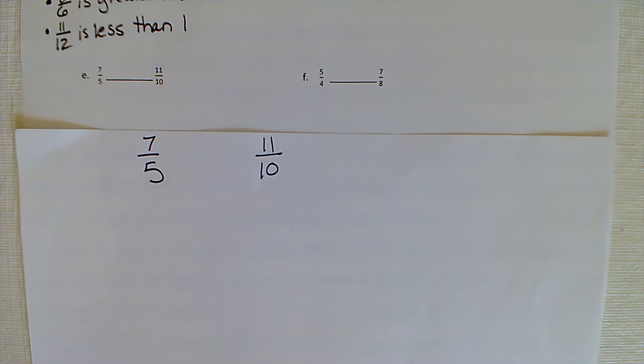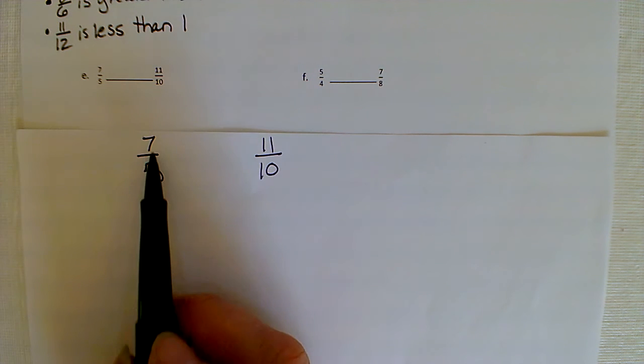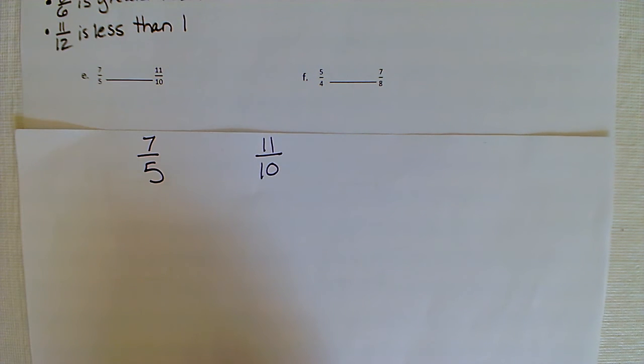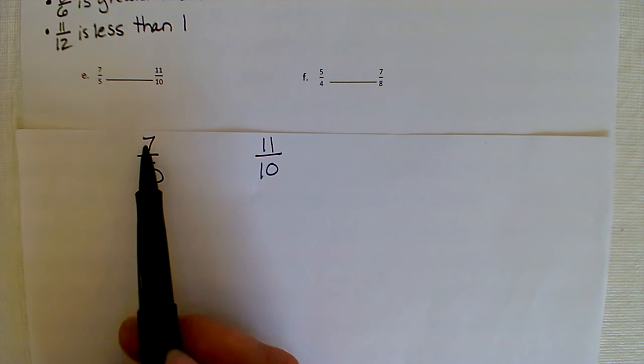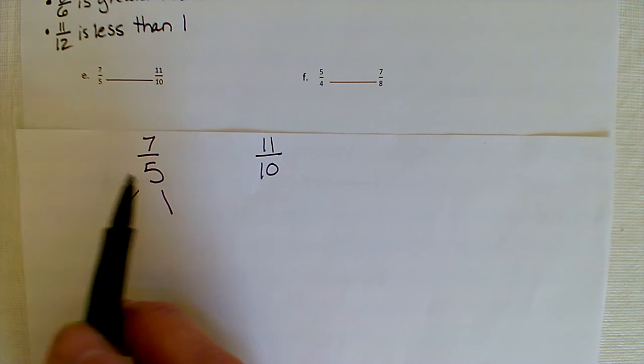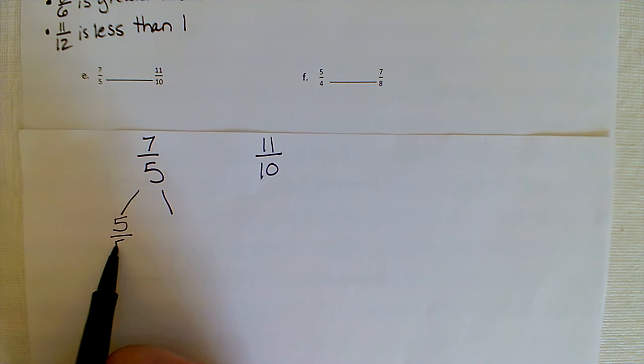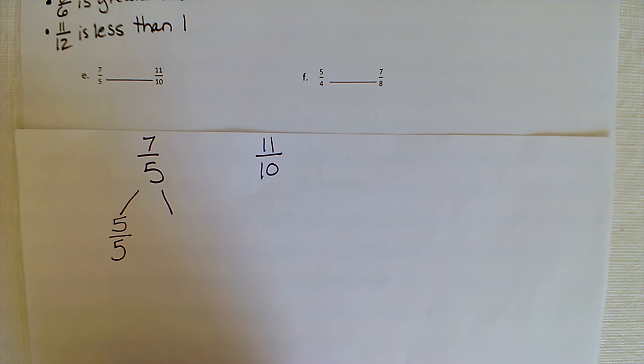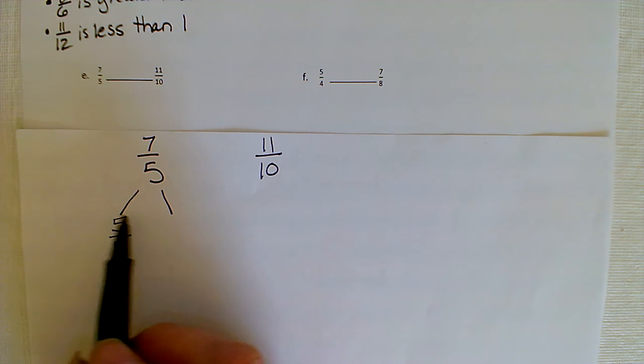So if I'm comparing 7/5 and 11/10, I can see that both of these are fractions that are greater than 1. I see that because the numerator is larger than the denominator. So what I want to work on doing is pulling out that one whole. If I want to pull out one whole from 7/5, I'm going to pull out 5/5. We always look at our denominator. So that's equal to one whole.